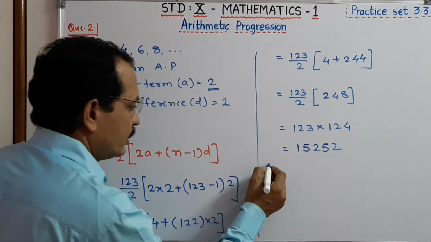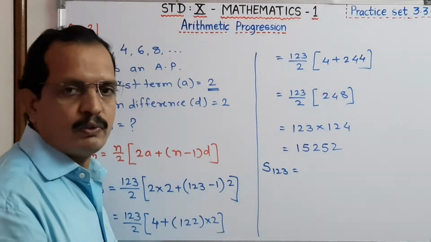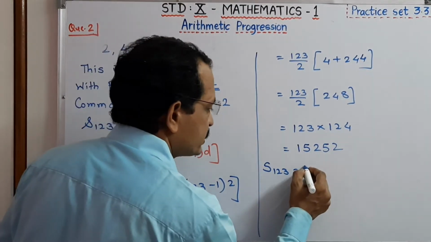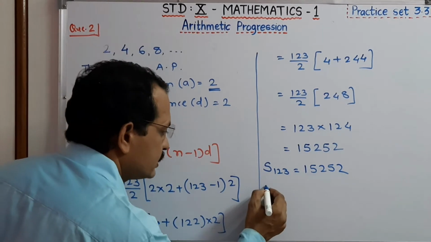And therefore, dear student, the sum of first 123 even natural numbers is 15252. This is our final answer.